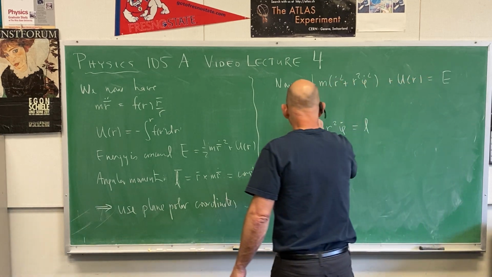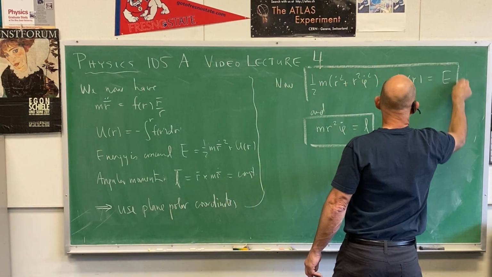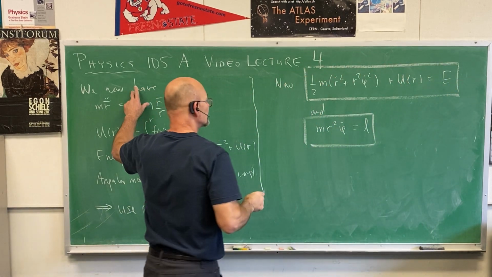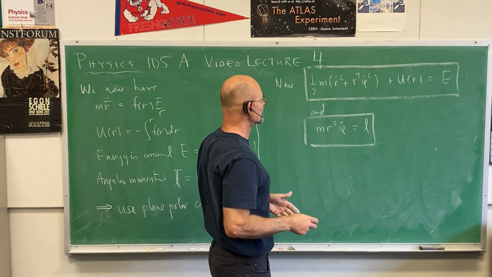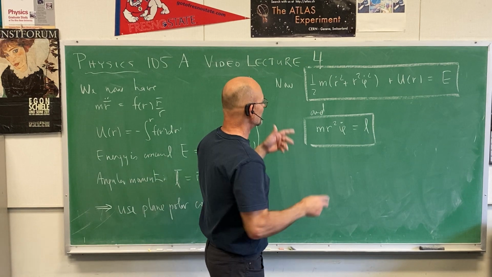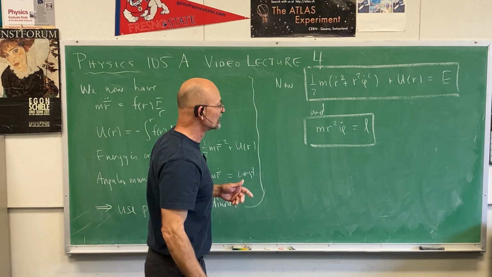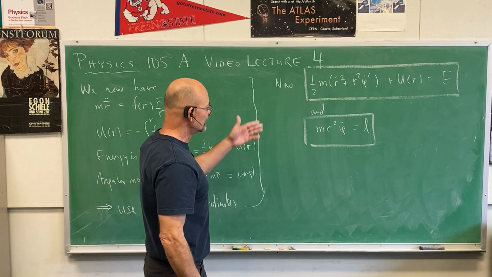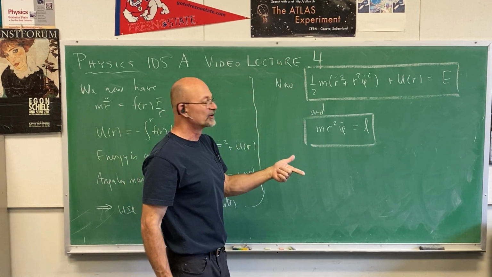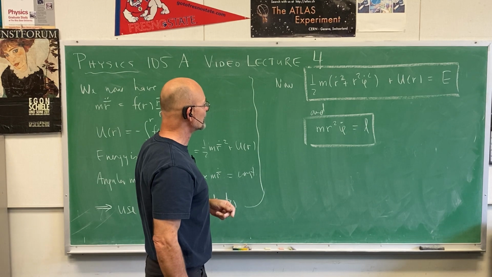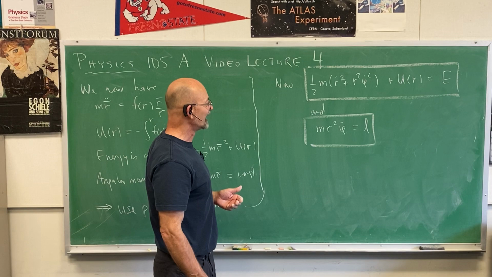So here's what we have. We have this central force problem. You know, we started out over here with these forces, and now what we have is two differential equations. We have two first-order differential equations. And these two first-order differential equations allow us to solve for r and for phi, which are our two quantities of the plane polar coordinates with which we can then express the solutions to the problem at hand.